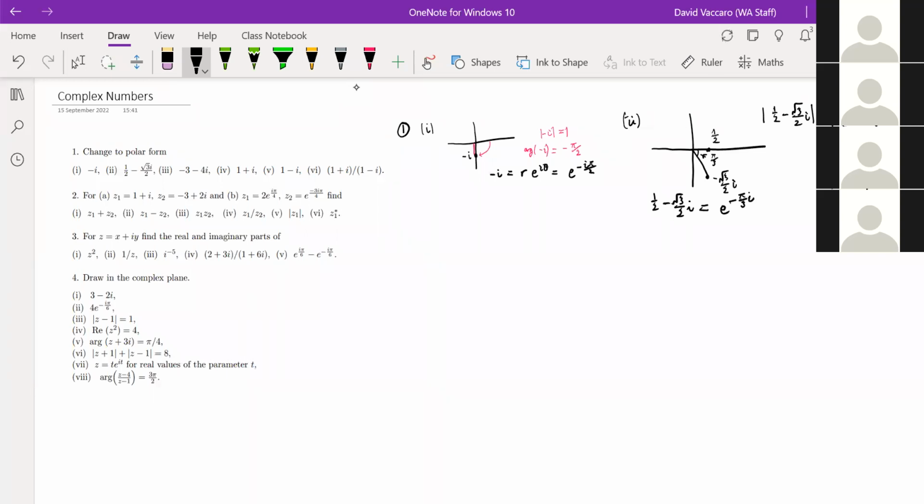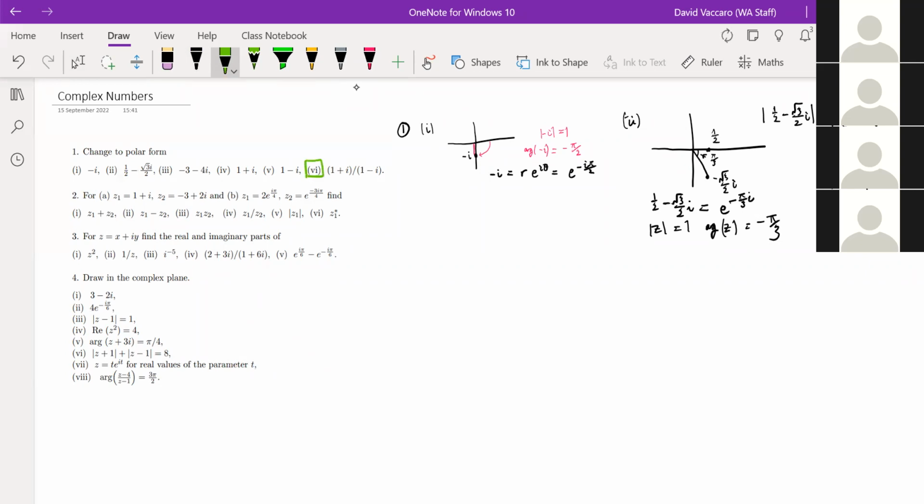Okay, so in this question, the modulus was 1, and the argument was negative pi over 3. Okay, the subsequent questions are similar. You just need to take into account the quadrant.